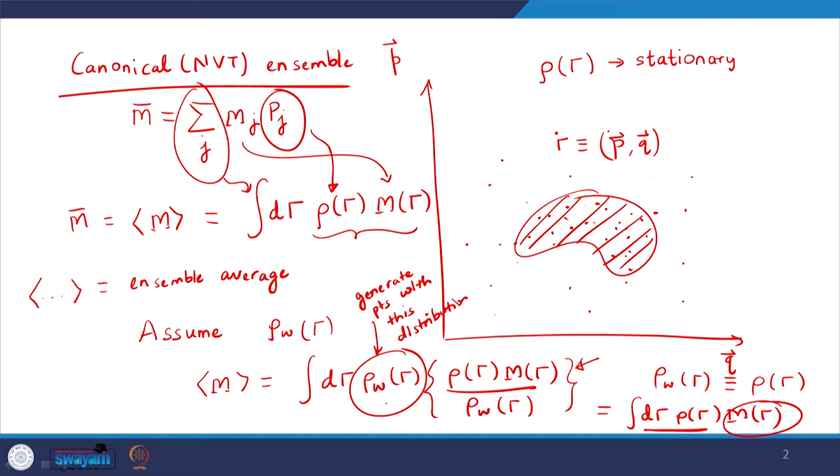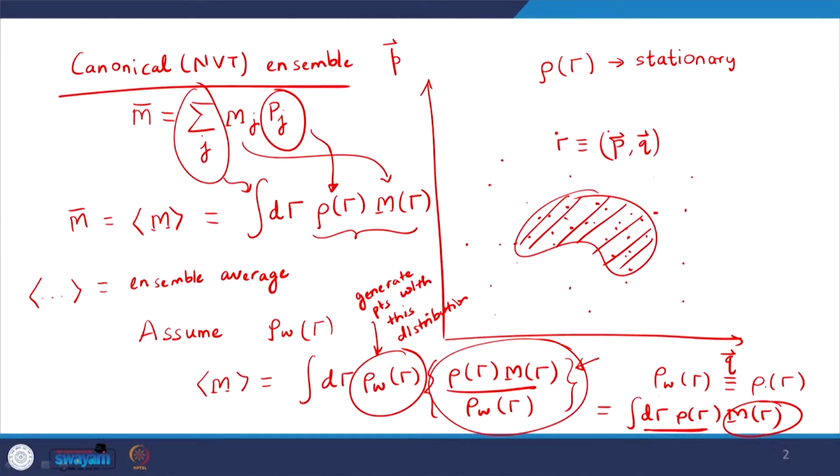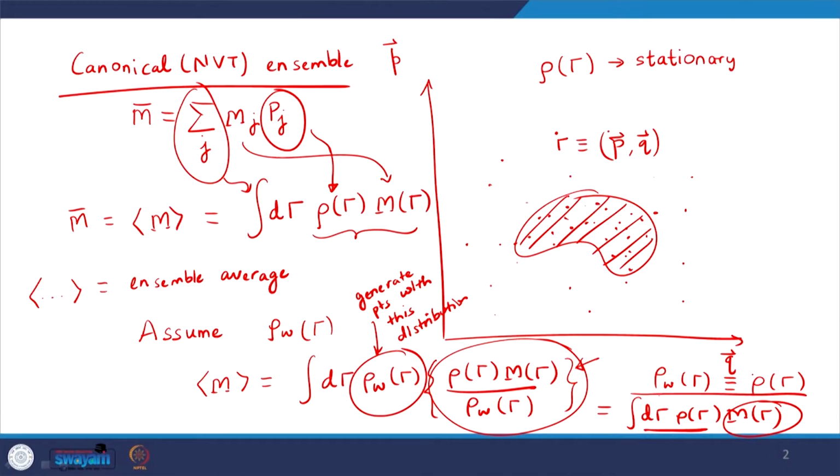When I was doing it with rho_w, I was sampling with these properties computed at every point and averaging over that. When I take rho_w equal to rho, I average simply the M values. So, clearly, keeping the weighting density rho_w the same as rho is more convenient.